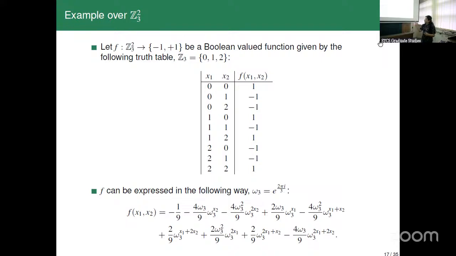And so this is the polynomial expansion, the Fourier expansion of f of x1, x2. The interesting thing here is that although complex numbers are involved in this expansion, the function evaluates to plus or minus 1. Here also.